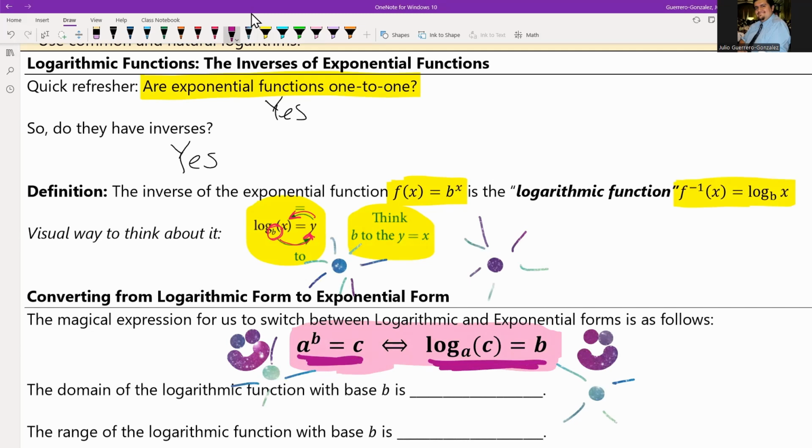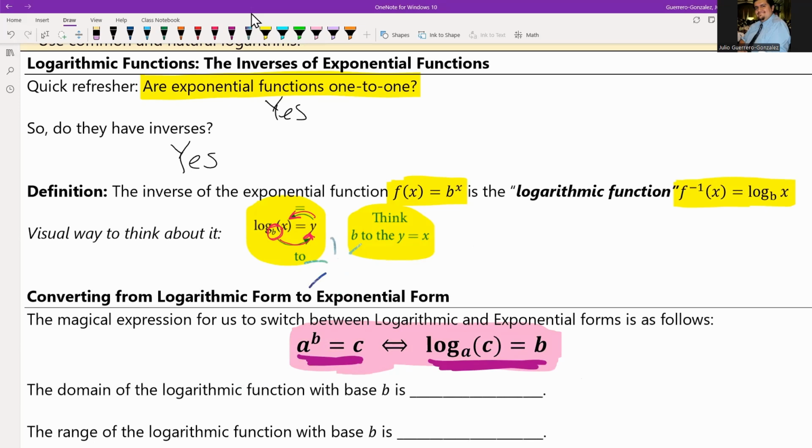This is going to become real important when we have to solve logarithmic equations, okay? Let me get rid of all the fireworks and smiley faces. I mean, we're doing math here, right?